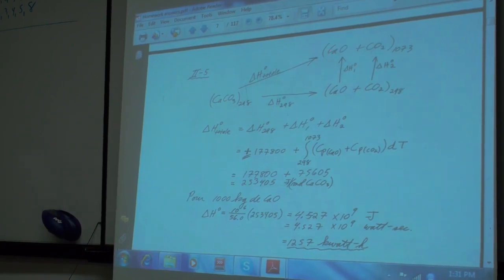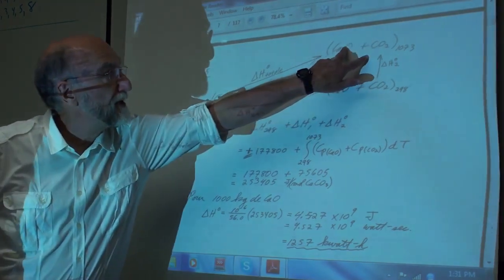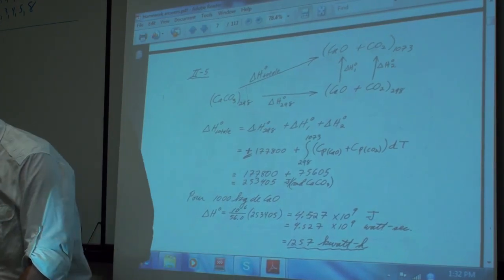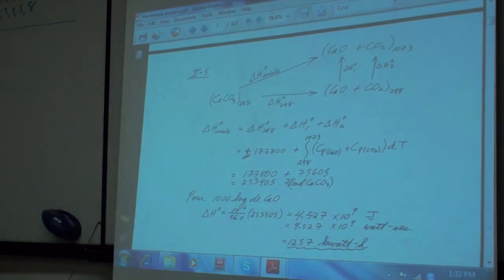So the real path is very complex. But it doesn't matter because delta H is a state property. Delta H is simply H of the final state minus H of the initial state, totally independent of the path. So to do the problem, we propose a hypothetical path for which we can do the calculation.